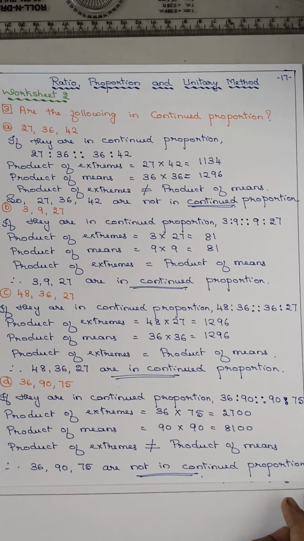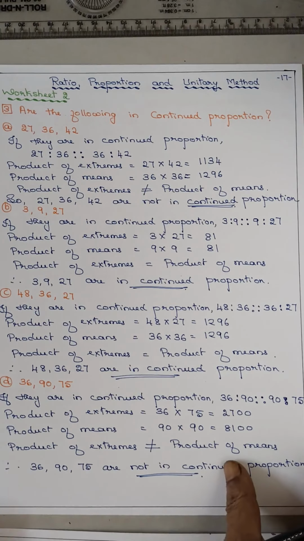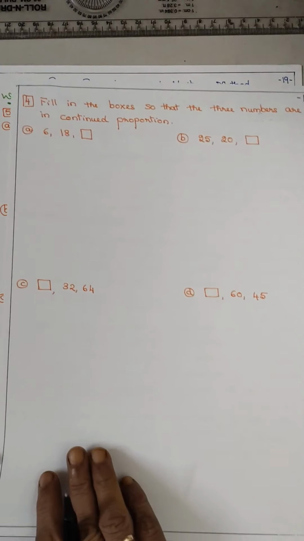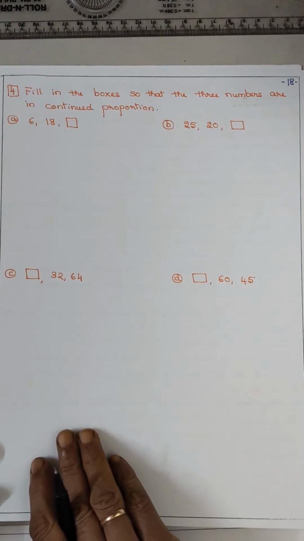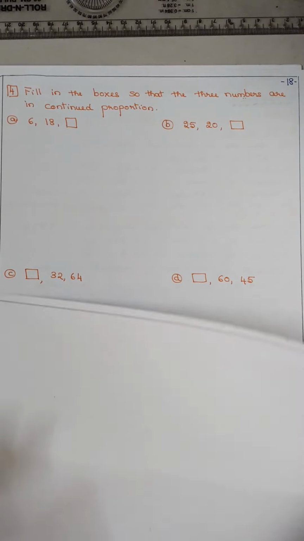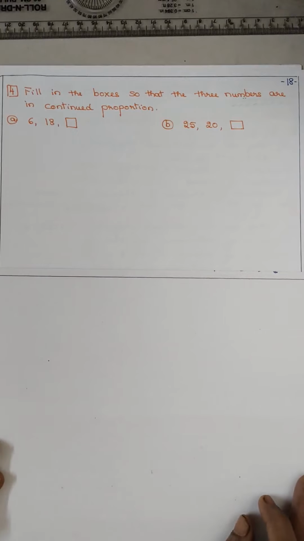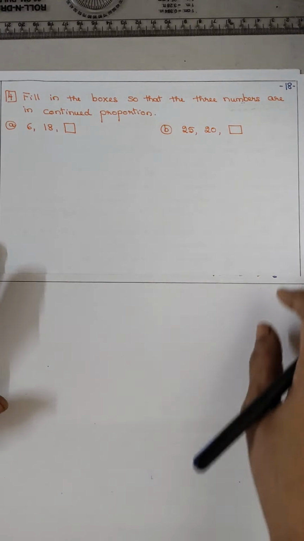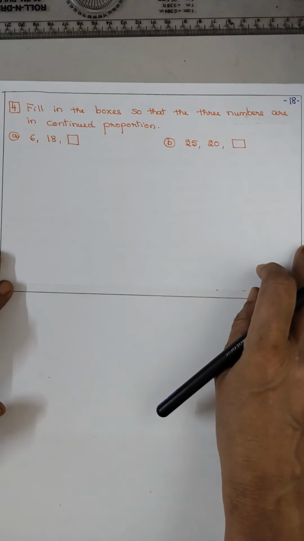Okay. Now coming to the question number 4. It is to find out the value in the box, and they have told whether the 3 numbers are in continued proportion.